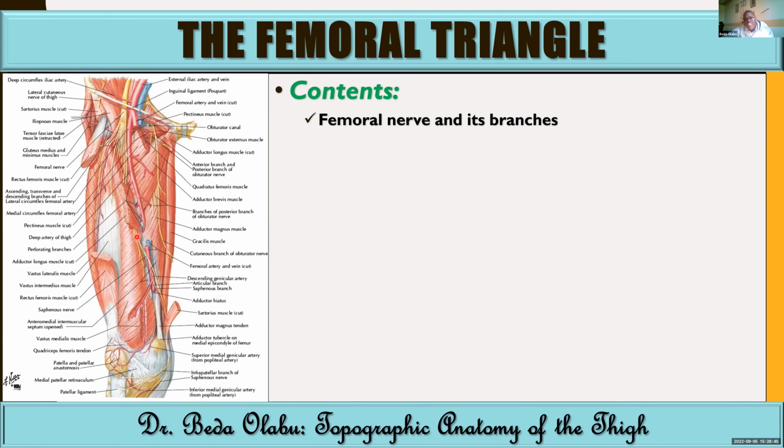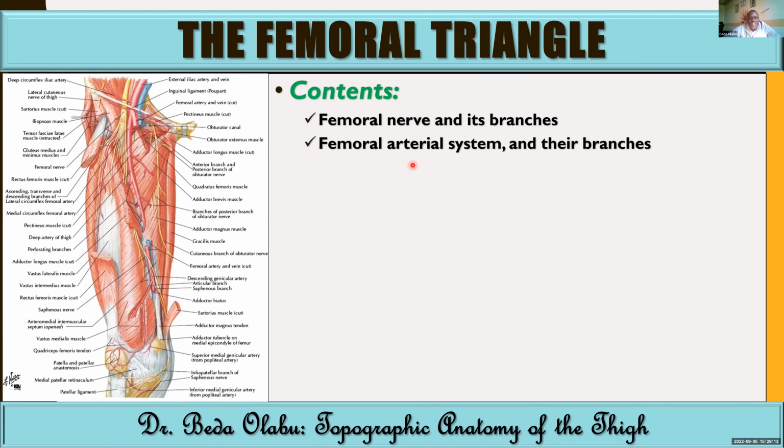As well, there's another cutaneous nerve which is going all the way deep down there. That is the saphenous nerve, which is a branch of the femoral nerve. Apart from cutaneous and muscular branches, there could also be articular branches, but we don't have to mention them. Understand that the femoral nerve is a content of the femoral triangle.